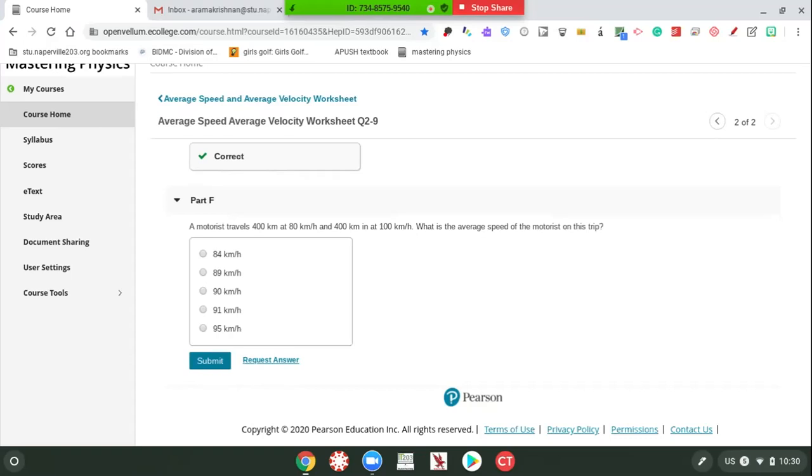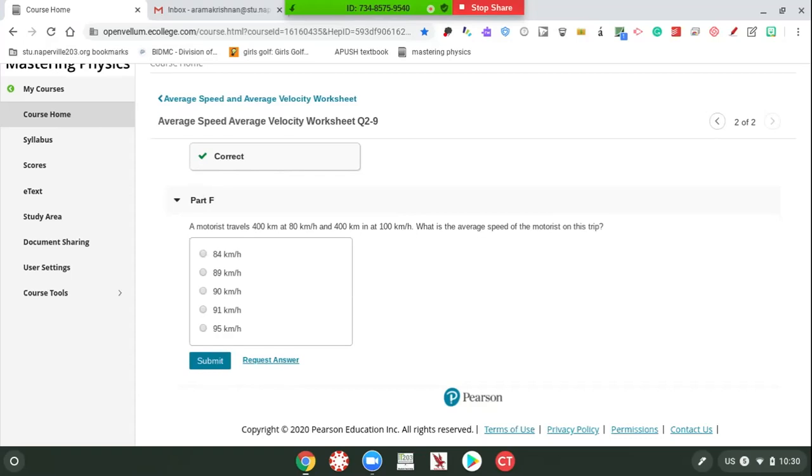Yeah, this is simple. This one you have to do some calculation. So what is the average speed? Definition. Distance over time. Total distance by total time. Yes.